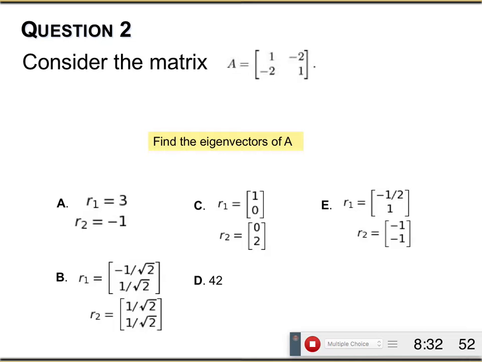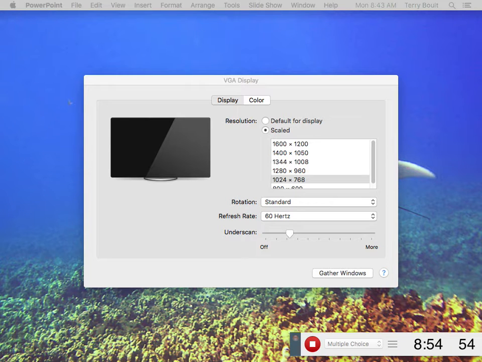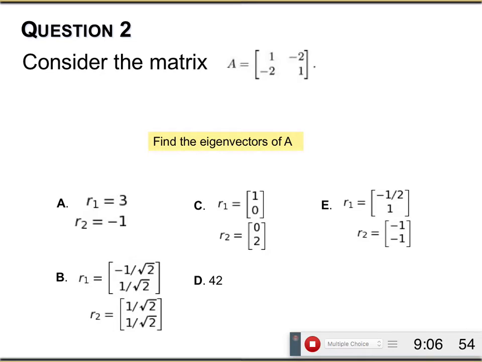Think about how you check them. Okay, people still working? Last call then.